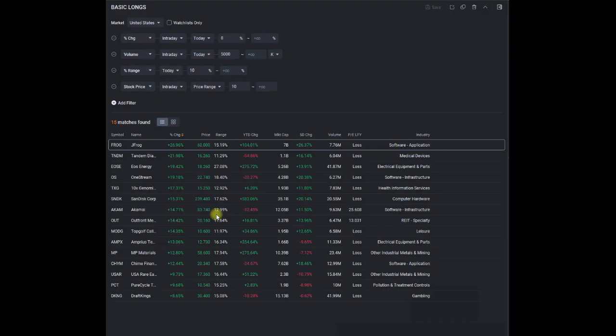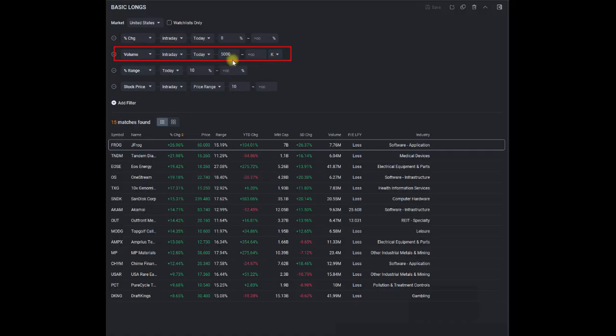Okay, but first of all, let's get into how we can find the right stocks to trade, and the idea here is very, very simple. We will trade stocks that are after earnings, that trade at least 5 million shares. You can clearly see here on the basic longs the criteria for the search. It's a smart search.